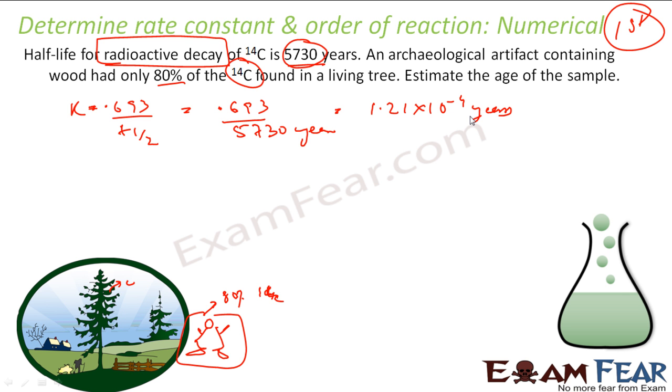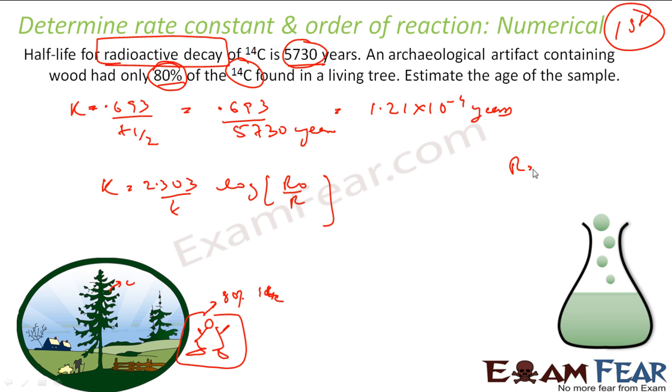Once I have found the value of K, I can find anything, because I know the golden formula: K = 2.303/T log(R naught/R). Now it is told that in this artifact it is 80% of the initial concentration.